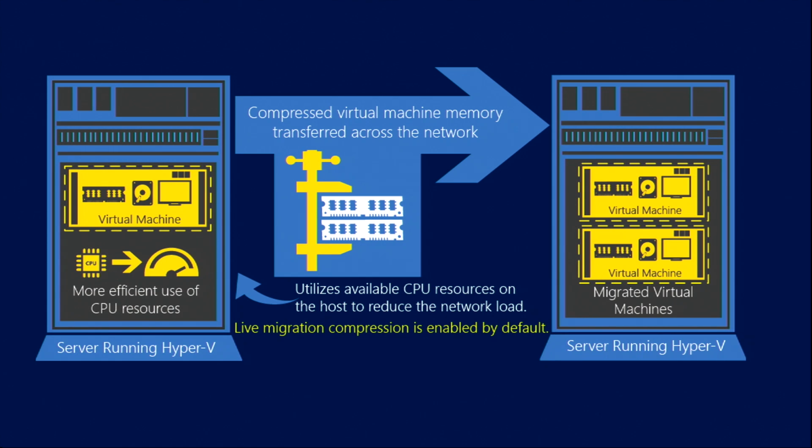So the next thing to talk about is faster live migration with compression. One of the questions I always get here is, hey, compression takes CPU. Yes, it does. So how's that going to affect my running virtual machines?